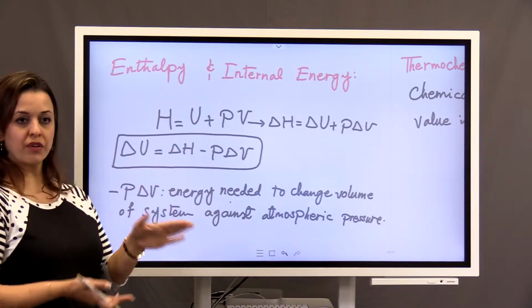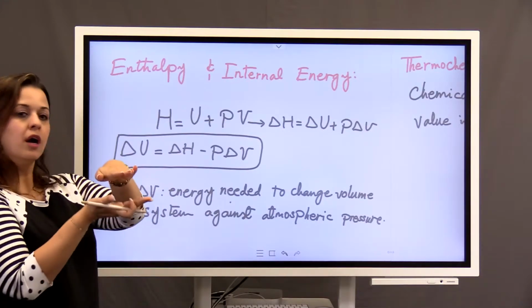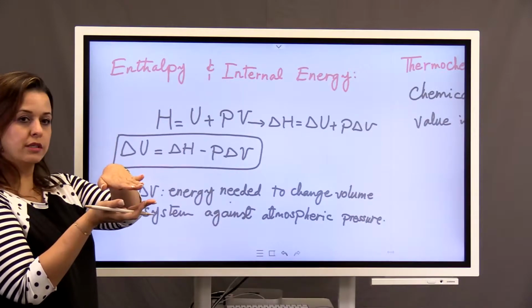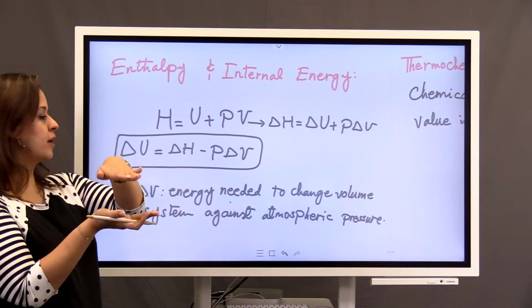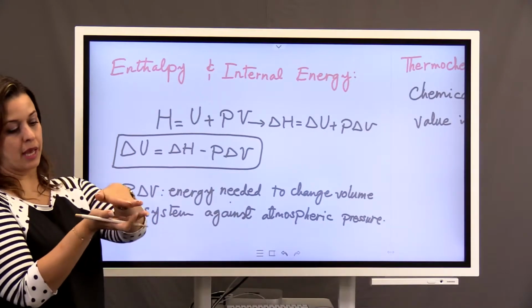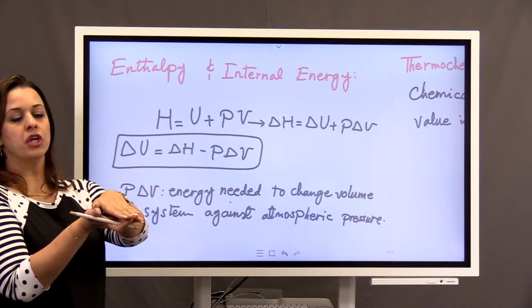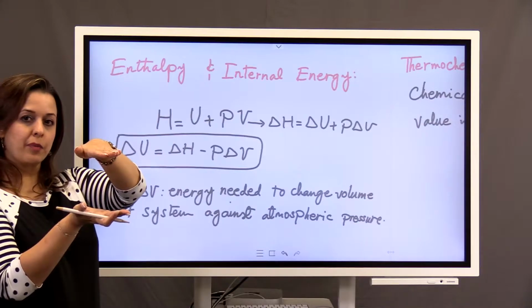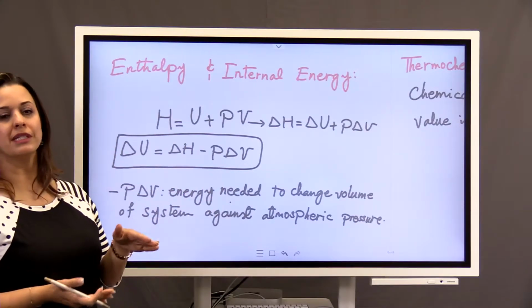If you consider a cylinder with a weight on it, it's the energy that the system uses to change the volume against the atmospheric pressure. Let's say the cylinder wants to expand and it uses some energy to expand against the pressure of that weight and atmospheric pressure. So it's called P delta V.